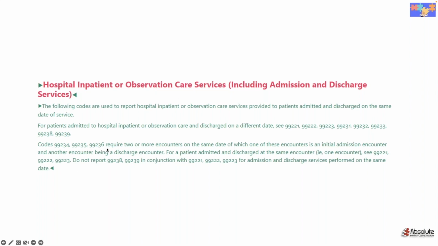Also, these guidelines say that they require 2 or more encounters on the same date, of which one of those encounters is an initial admission encounter, and the other encounter being a discharge encounter, right? So you have to have 2 encounters.